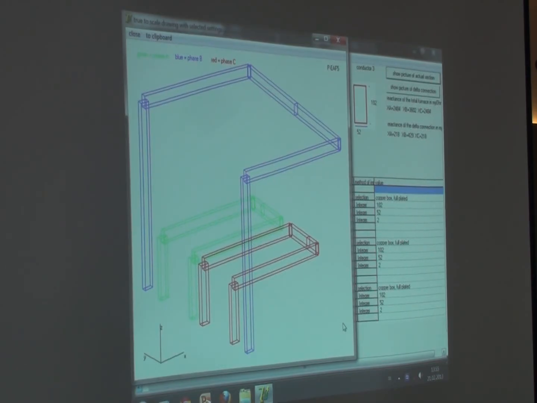The values of the system, I've prepared some values for you.